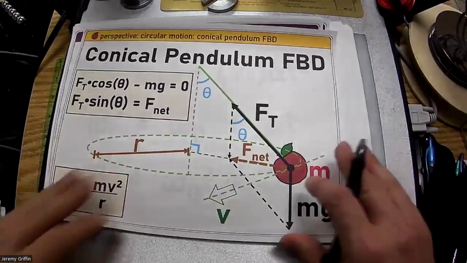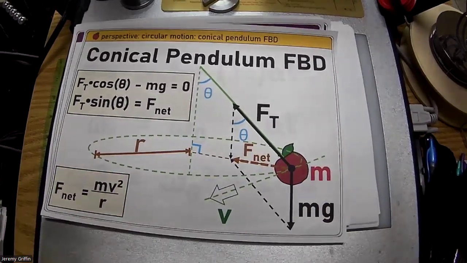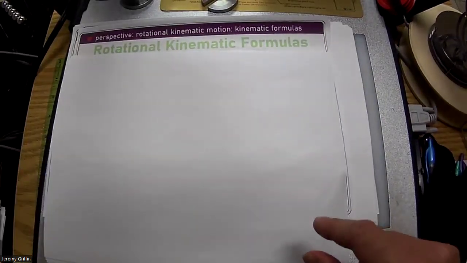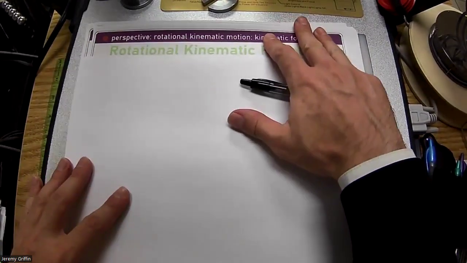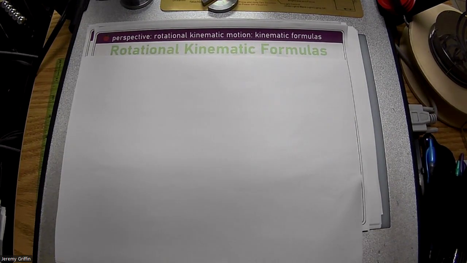All right. Next one. Guys, write down the 3 rotational kinematic formulas. So you can get these. How you guys do linear the other day? See if you guys can get the rotational versions. Rotation.